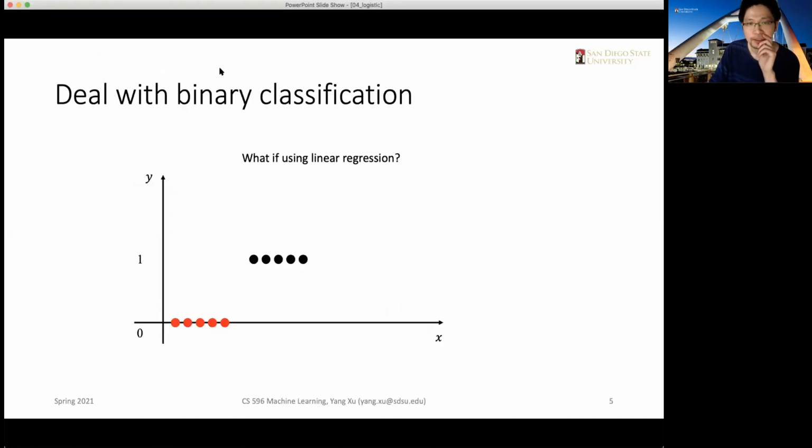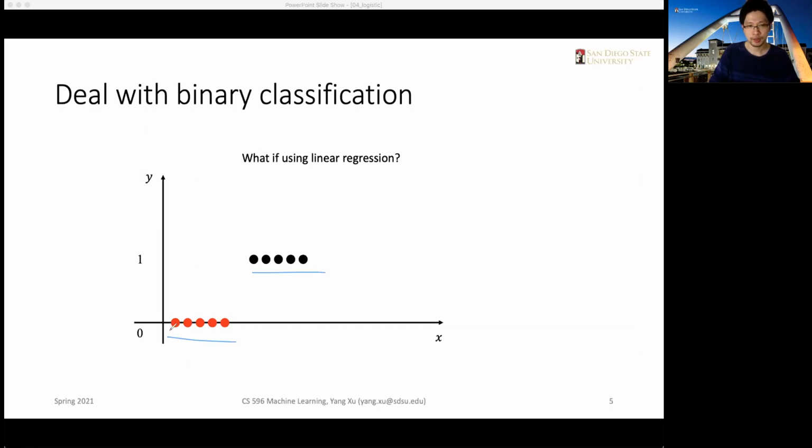Okay, all right. So let's start with the idea of using linear regression, the old way, to fit the data. For example, those red dots and black dots in these plots each represent a data point.